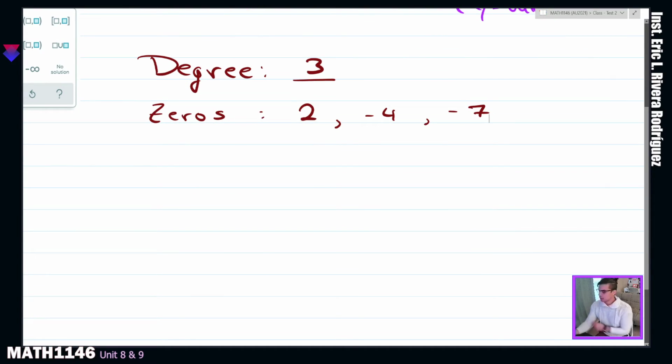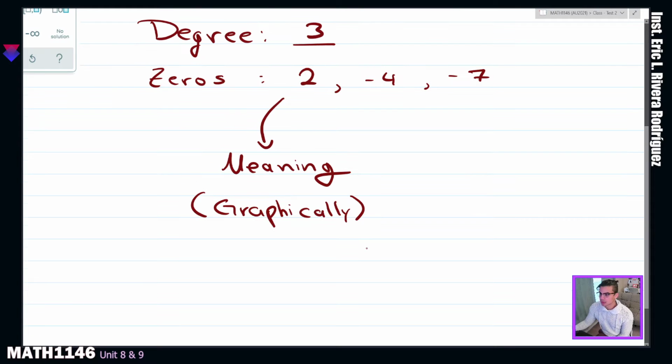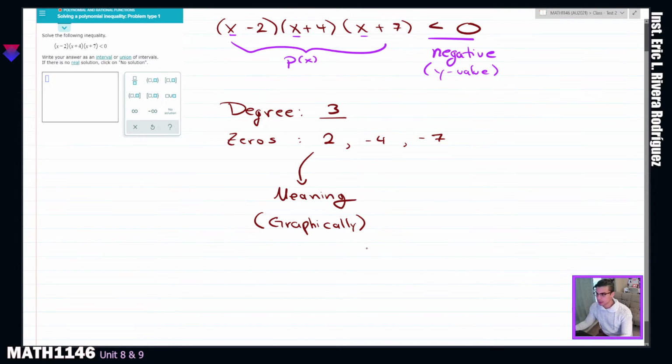So let's just stop here for a moment and let's see what's the meaning of the zero, but graphically speaking. So let me zoom out just a moment.